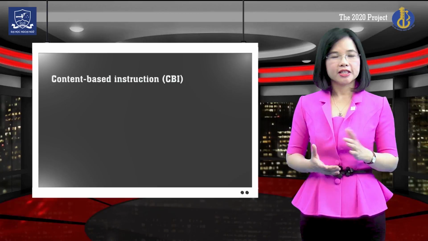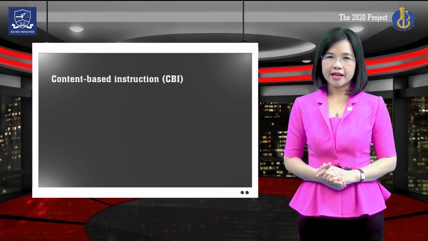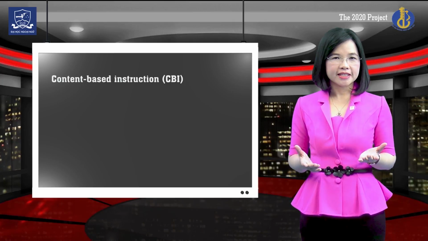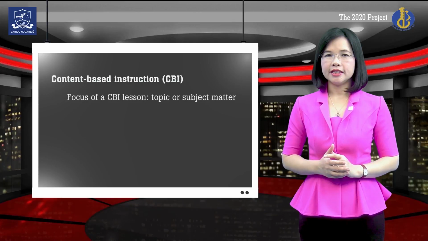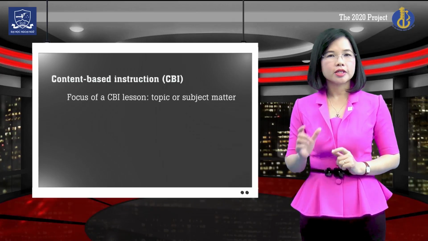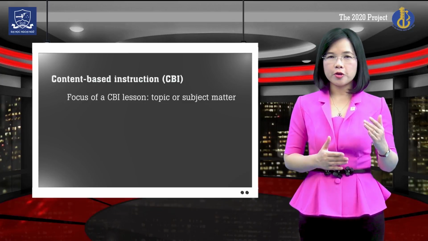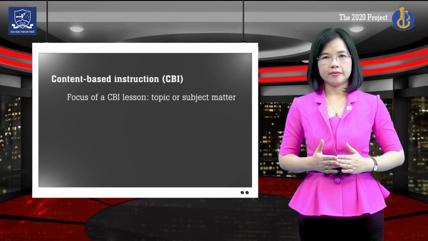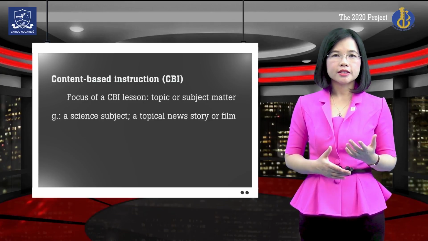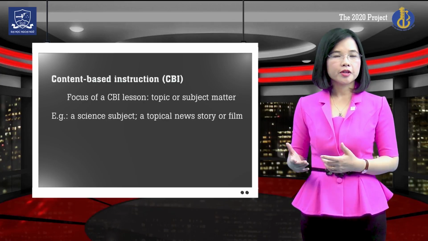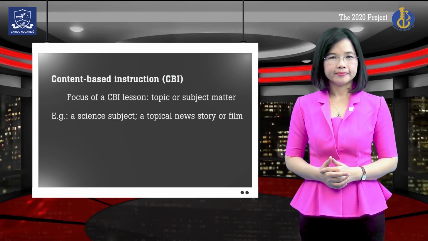The second way of integrating skills is through content-based instruction, or CBI. This is more complex than the first way. The focus of a CBI lesson is on the topic or subject matter. During the lesson, students are focused on learning about something. This could be anything that interests them, from a serious science subject to the favorite pop star, or even a topical news story or film.